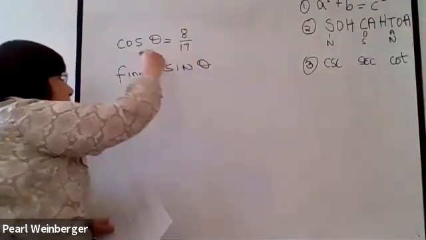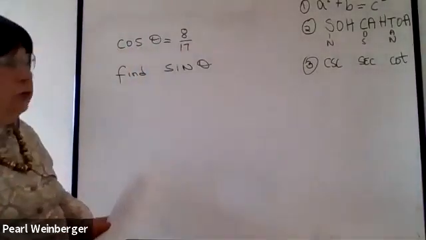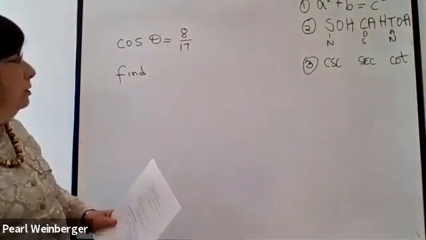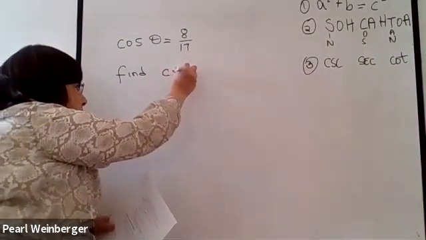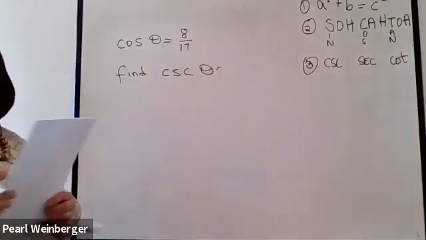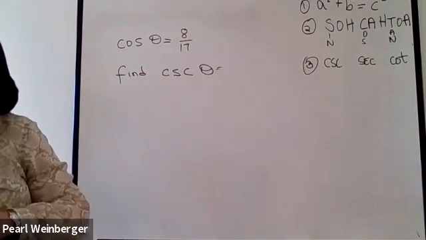So I'm giving you what the cosine of the angle is, and I'm asking you to find, well, let's do it a little more complicated. Let's make it a little harder, just to give us all the possibilities. I want you to find the cosecant of theta. Okay, see what you can do with that question while I take attendance.